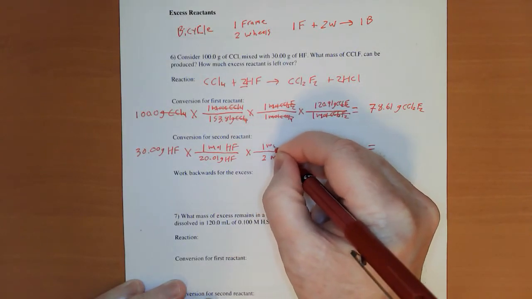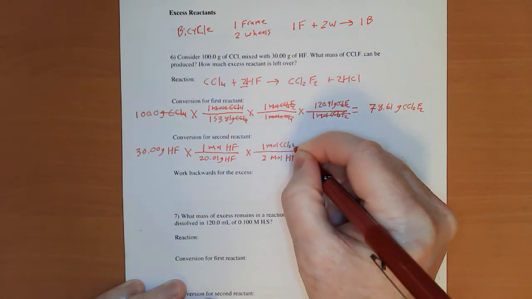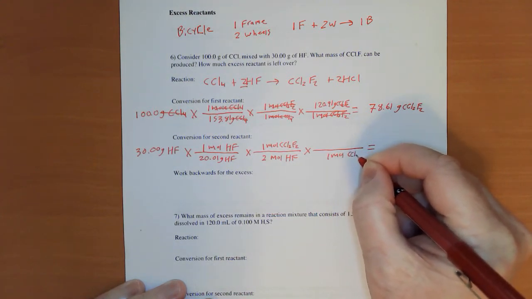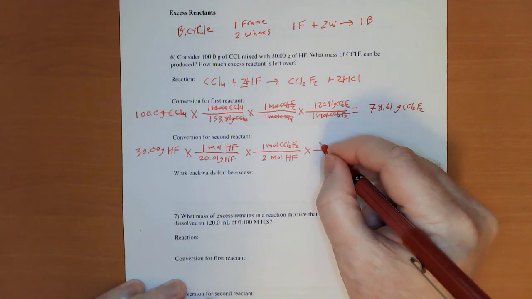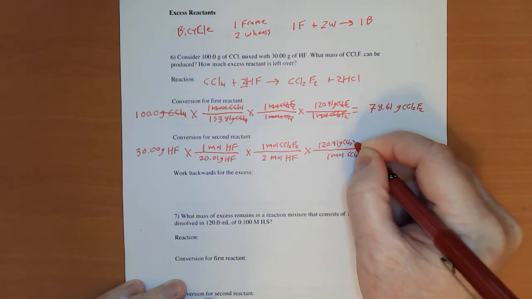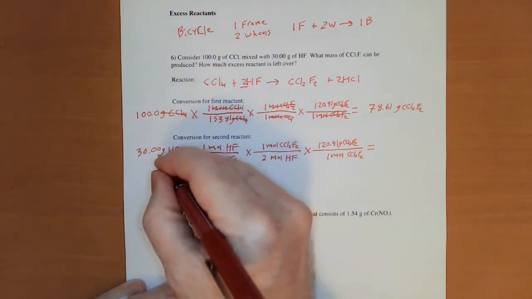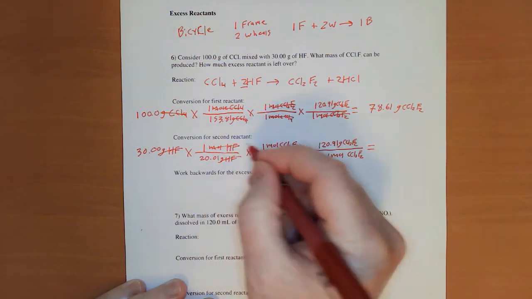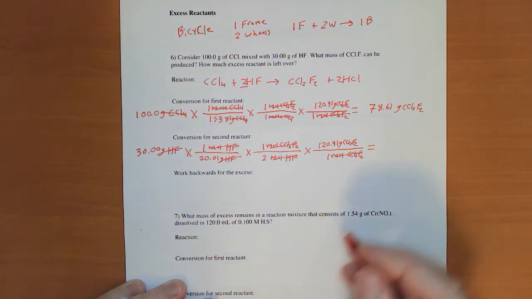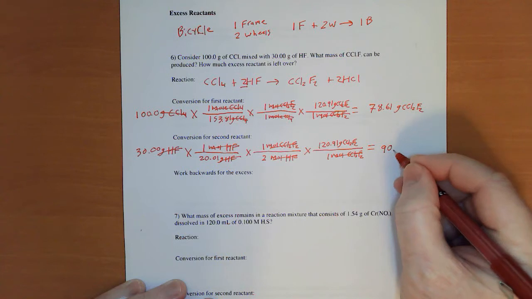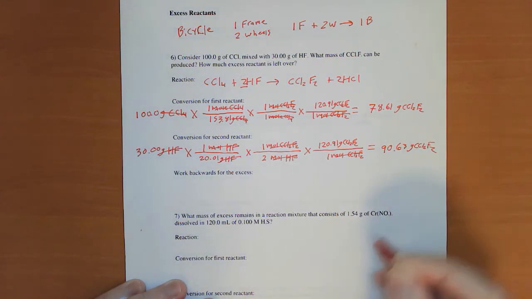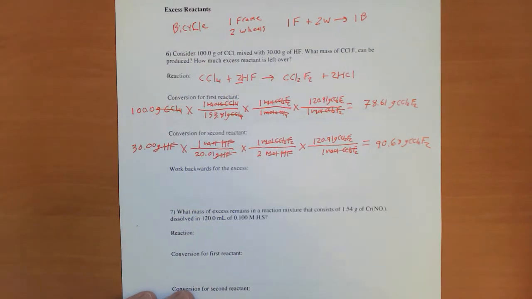For 1 mole of CCl2F2, 1 mole of CCl2F2 still has a molar mass of 120.91 grams of CCl2F2. Those cancel out. Those cancel out. Those cancel out. This time I got 90.63 grams CCl2F2.